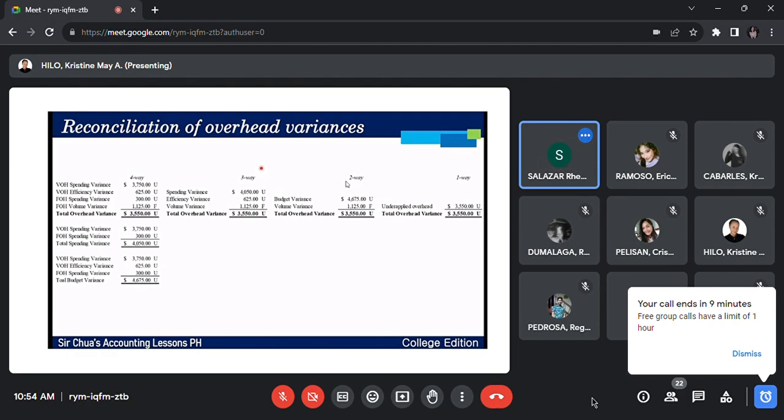Ipansin niyo na tanan ang total is same sila, 3,550. Amayan ang kilhanan nga sakto nato pag-report ng variances. Bisan pa baliktad-baliktaron ang situation, dapat gyud same ang total ng overhead variance nila.